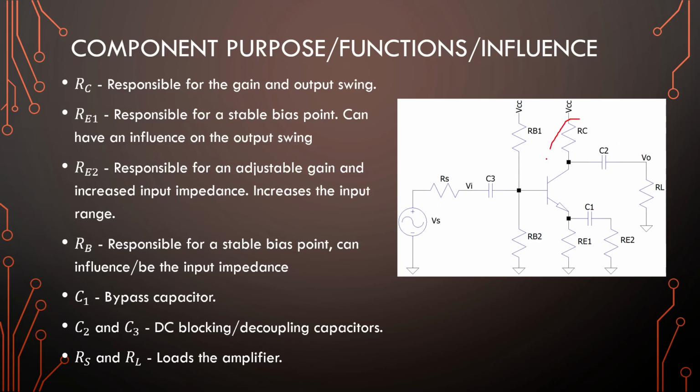So RC together with your VCE here is responsible for your output swing and your gain. Okay. RE1 is your bias stabilization. So that is to pin your Q point to the load line. So to have a stable collector current.